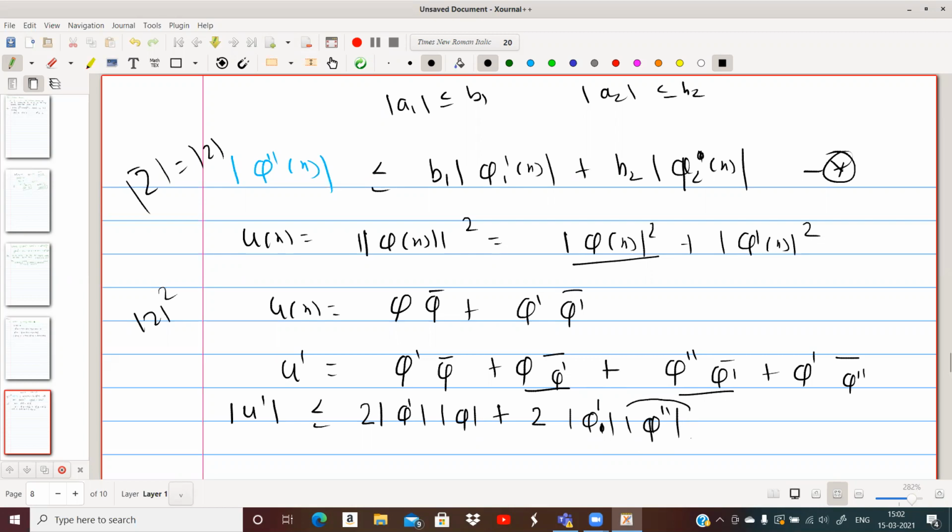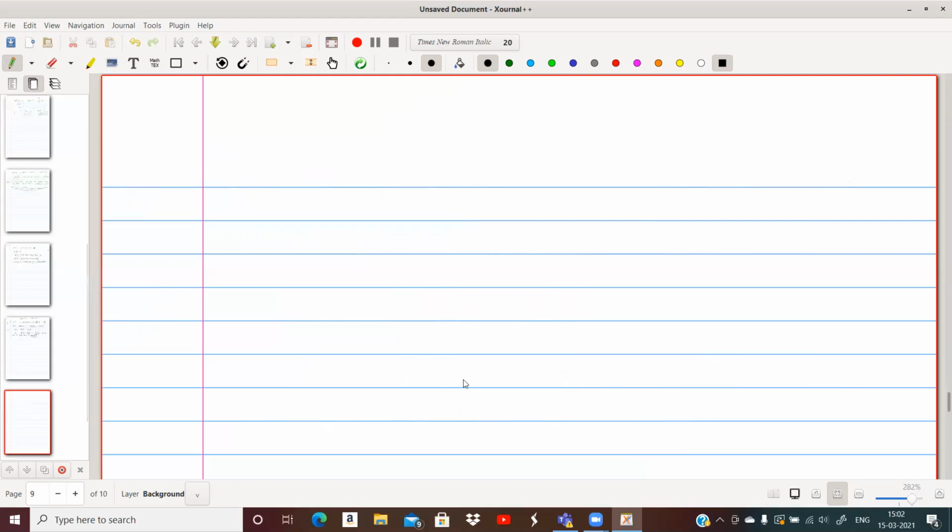Now from star, this will be less than or equal to, that we are going to write here.